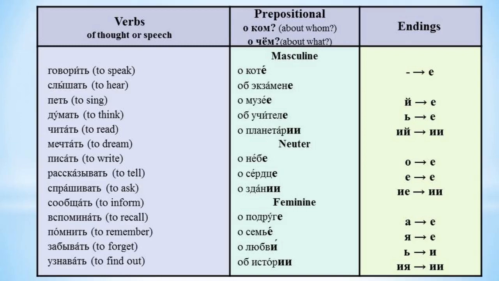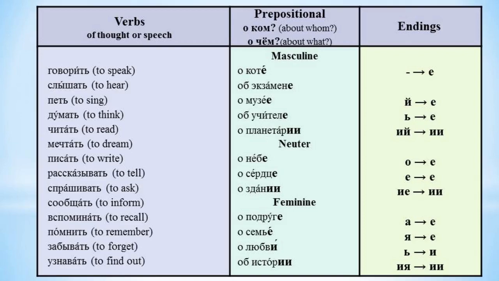Говорить, слышать, петь, думать, читать, мечтать, писать, рассказывать, спрашивать, сообщать, вспоминать, помнить, забывать, узнавать. You can take a look at the last column and see that the same rules work here.